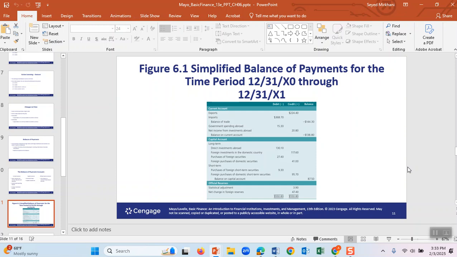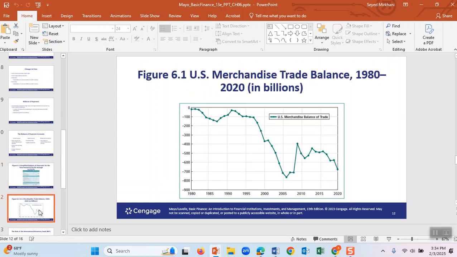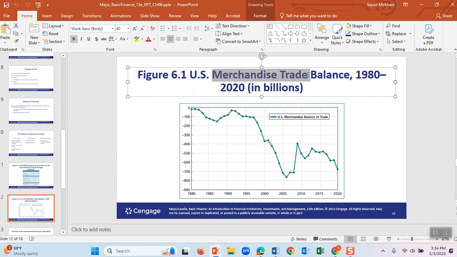It's a matter of argument, why they are bringing more in here and buying less from the U.S. These are issues that have to be discussed, and the government is trying to see what it can do. And the U.S. merchandise trade balance, do you see it has gone up?